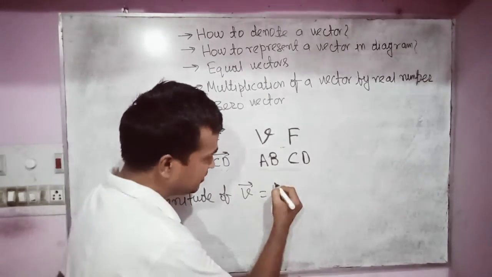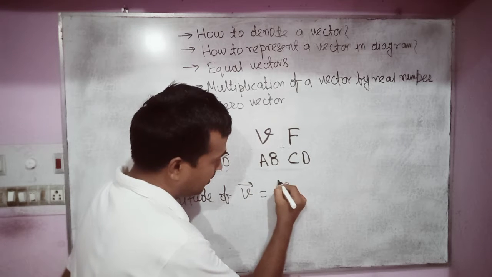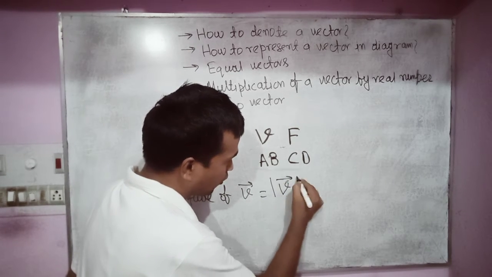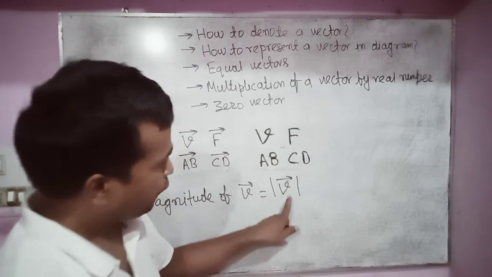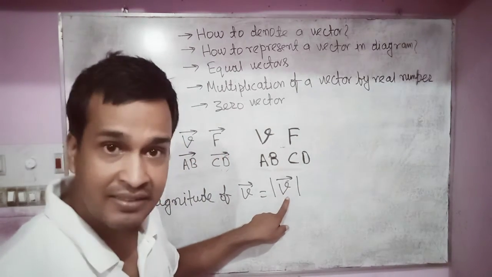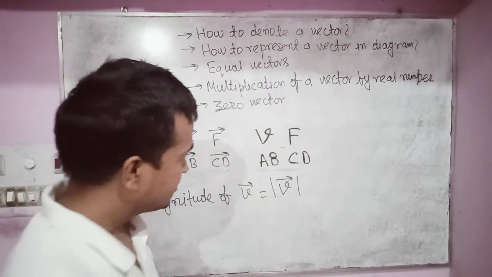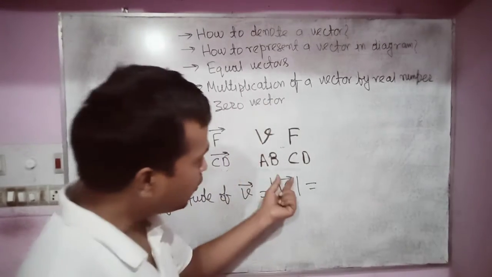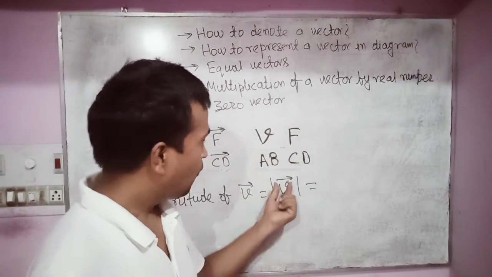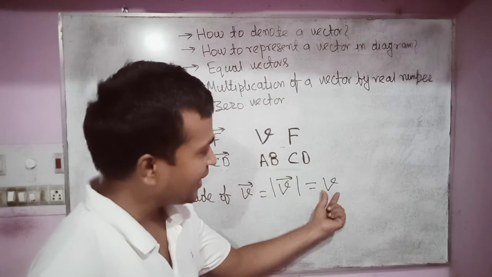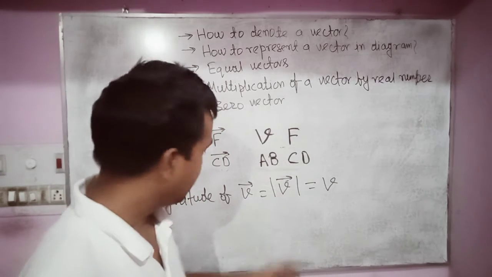The first method is to write it in mod. Mod V vector denotes the magnitude of the vector, or simply remove the arrow from the letter V. This denotes the magnitude of vector V.